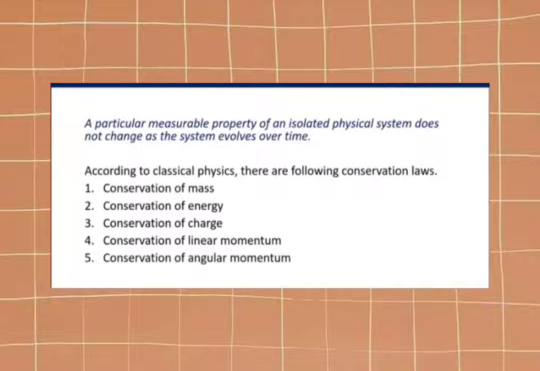We have here the following conservation laws according to classical physics. First, we have conservation of mass, conservation of energy, conservation of charge, conservation of linear momentum, and conservation of angular momentum.